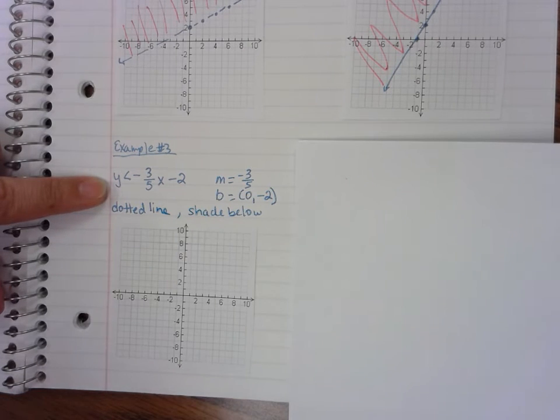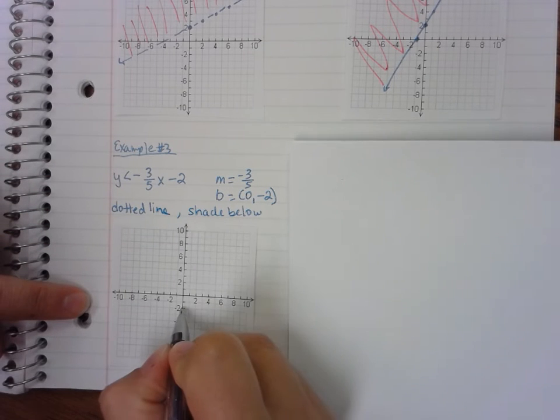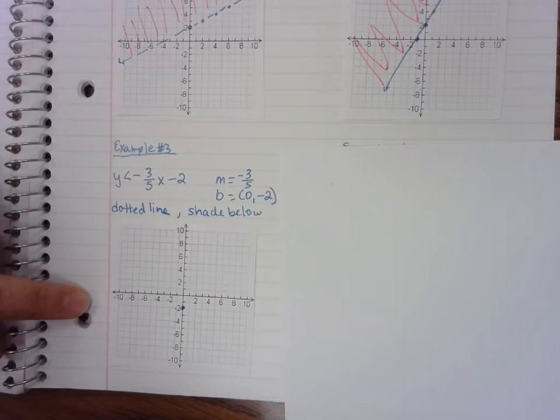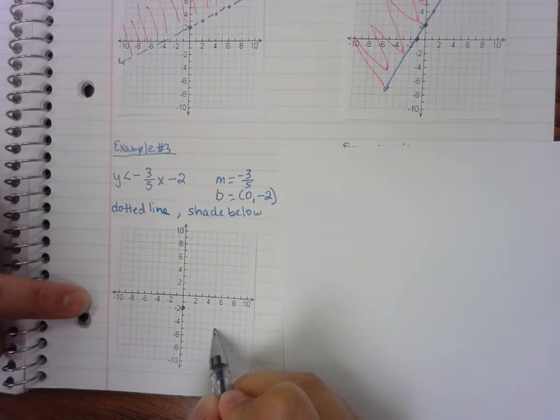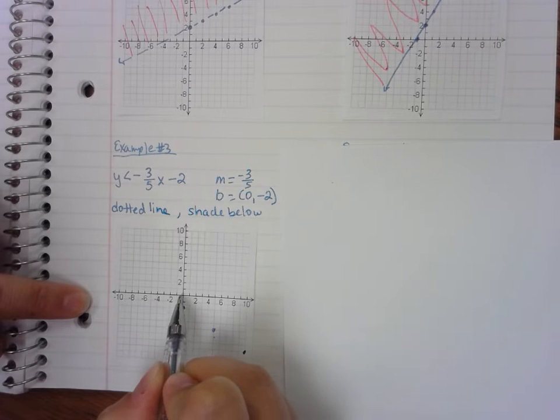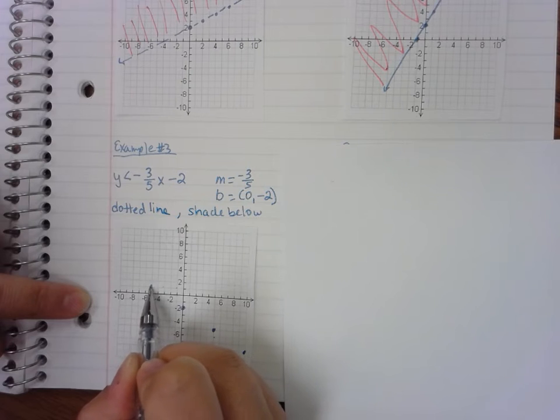So I'm going to graph this as if it's a regular equation. I'm going to go down 2 on the y-axis, and for my slope, I'm going to go down 1, 2, 3, and to the right 1, 2, 3, 4, 5. I'm also going to go up 3, and to the left 1, 2, 3, 4, 5.